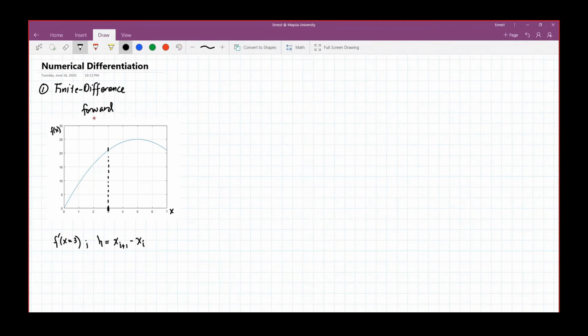It is called forward because from your xi you move forward to the next iteration. So let's say your h is equal to 1. Your next value for x would be here, so this is your xi plus 1.